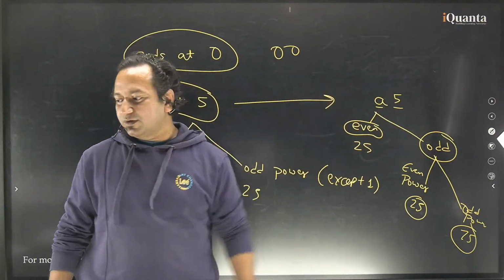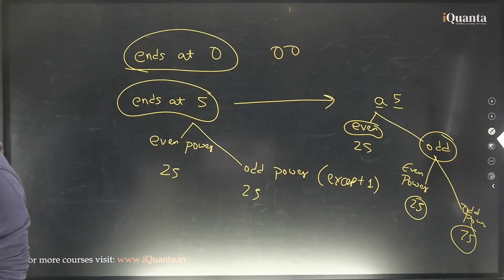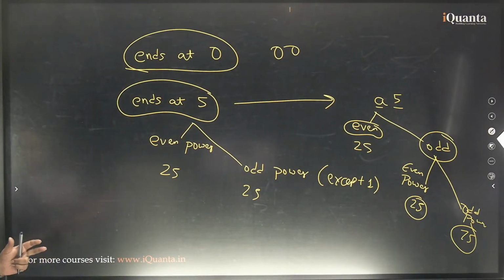Just note this down. Whenever you get something like, find the last two digits, and the last digit is 5, and the digit before it is A, it depends on the value of A. A can be even, A can be odd. When A is even, for all sorts of powers, the last two digits will be 25.